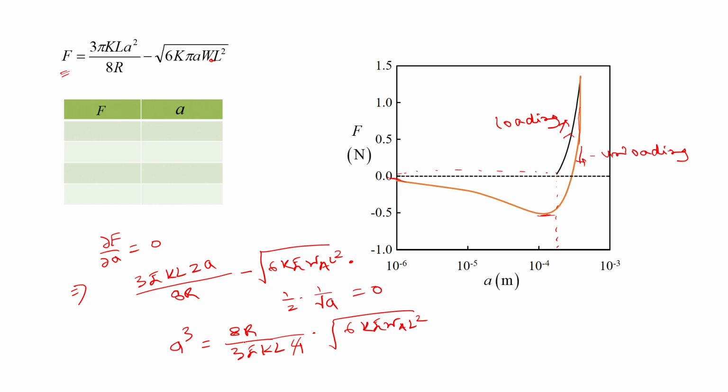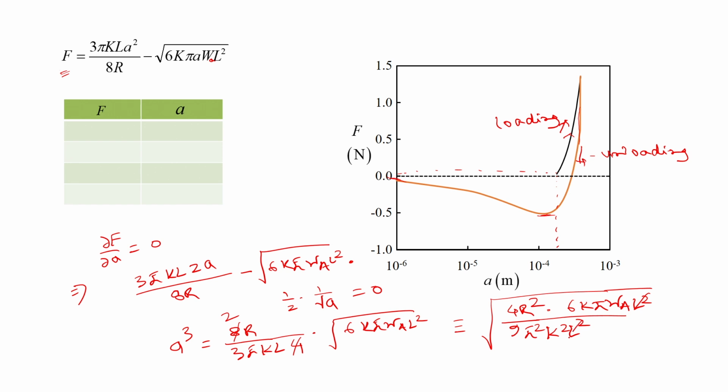So 4 and here it is 2, so it can be taken inside here. It will be equal to 4 by 9 here, r square, pi square K square L square, and here 6 K pi W A L square.